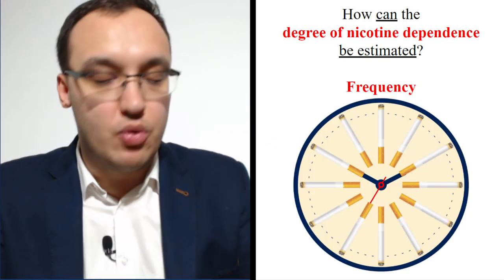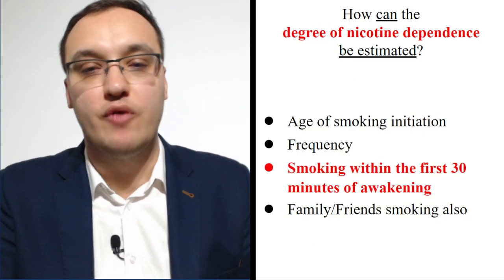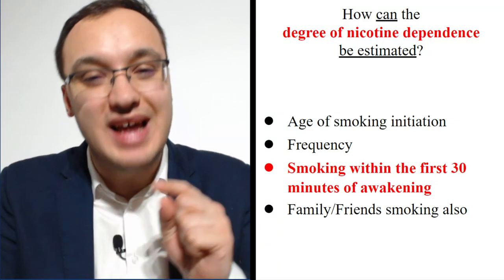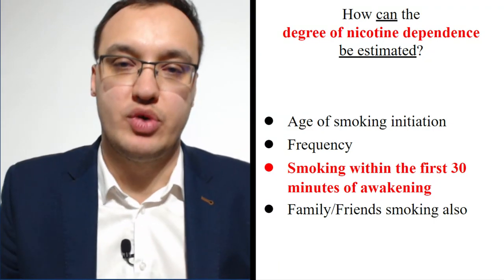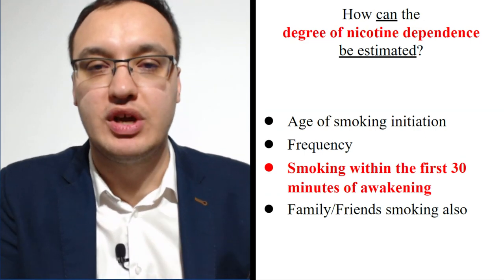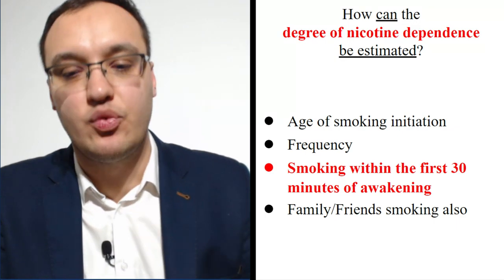Frequency, of course, the more you smoke, the harder it will get. Smoking within the first 30 minutes of wakening is a sign of a really high degree of dependency. It means you wake up and you really need to smoke within half an hour. You cannot wait 1 hour or 2 hours.